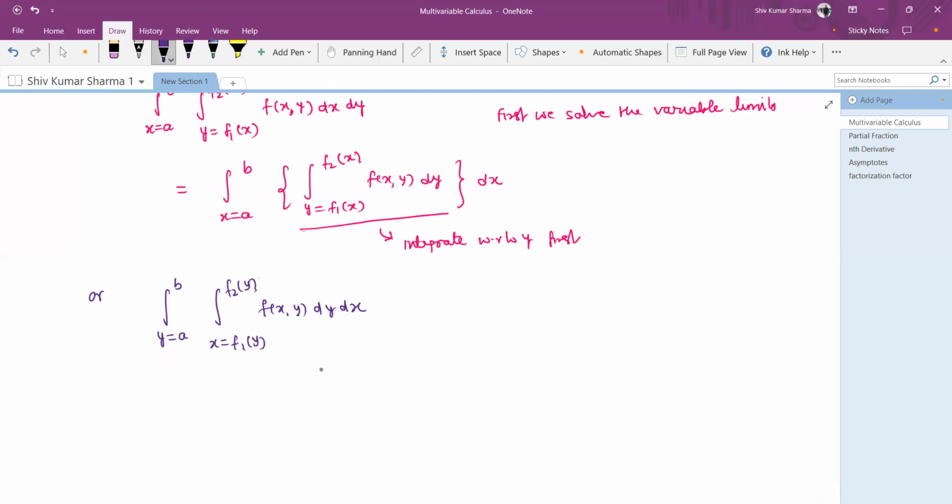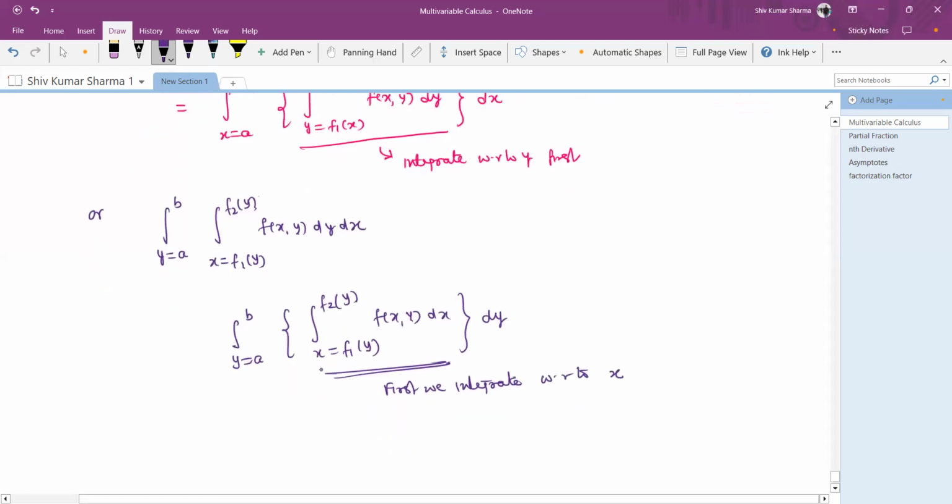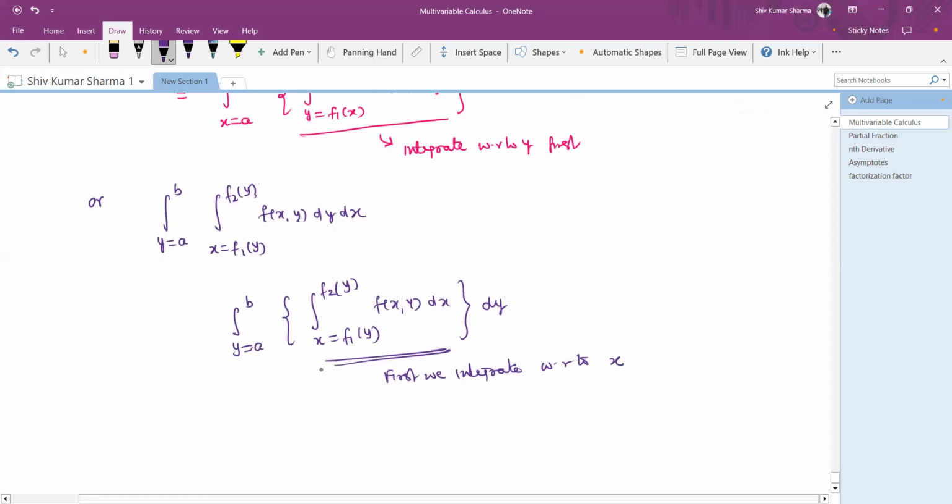So first we solve the variable limit, then the constant limit. So first we integrate with respect to x. Hope you understand.